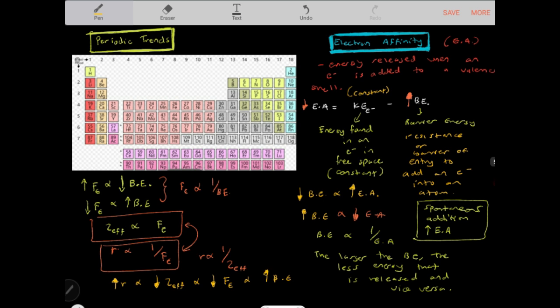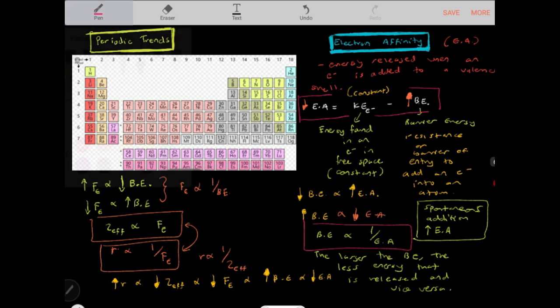Because there isn't that attraction force that's guiding electrons in, so there's more resistance to entry, and then this decreases the electron affinity, right? So this is really important to understand, and everything can kind of just be summarized by this equation, right? So this equation at the end of the day will really help you guys to understand this.